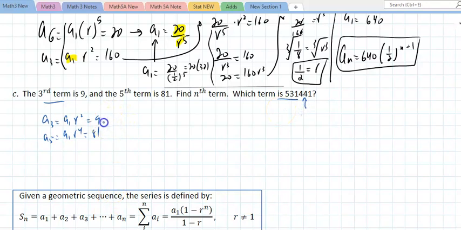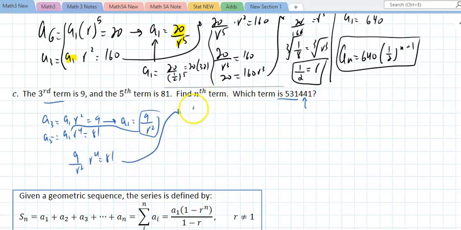So if I solve this, a sub 1 equals 9 over r squared. If I substitute it right there, that would be 9 over r squared times r to the fourth equal 81.